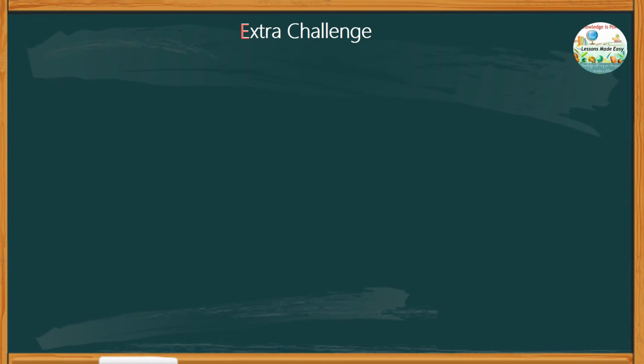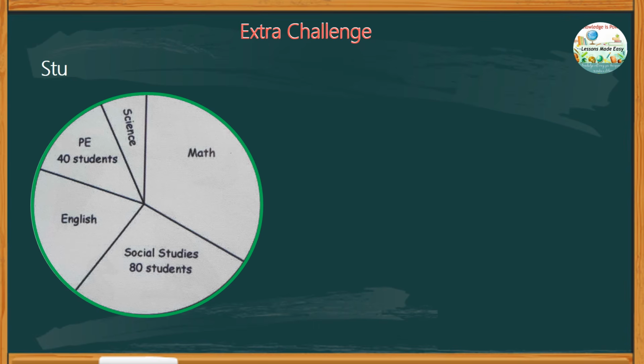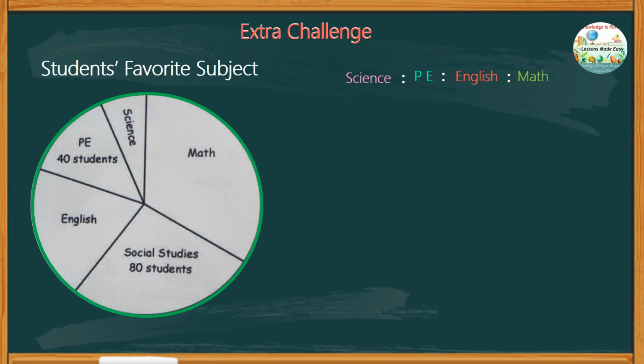Are you ready for an extra challenge? Study the pie graph about the students' favorite subject. The ratio of the students that favored science to PE to English to mathematics is 1:2:3:5. Here are the guide questions.